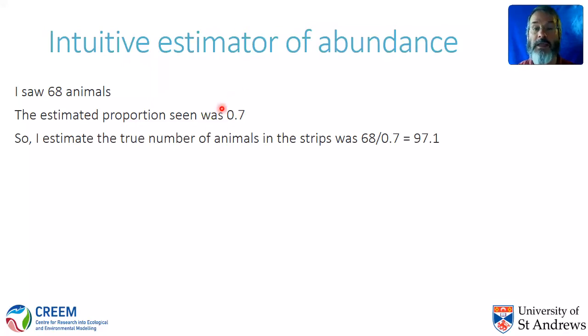If we only saw 70% of them, then there must be some number greater than 68 that occupy the green region. We produce a number greater than 68 by dividing 68 by a number smaller than 1, 0.7, the proportion that we detect. So this now gives us an estimate of the number of animals that occupied that green region: 97.